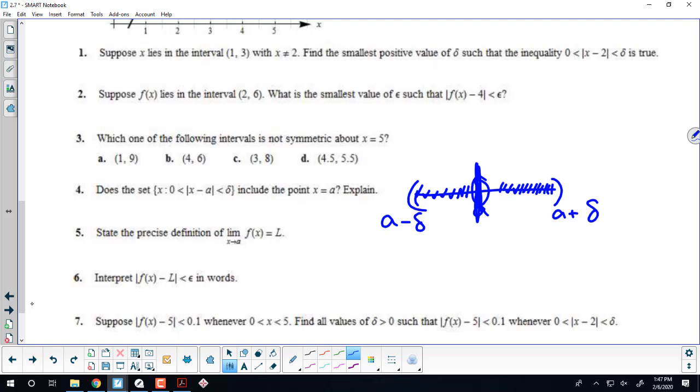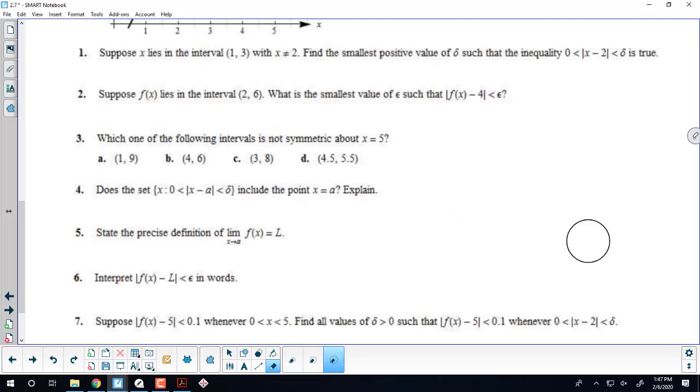Then we need to just go back to that set and say, does that set include 0? So that statement right there, it's strictly larger than 0. It doesn't include 0. The other way to think about it is, I guess, in the reverse. What happens if this does include a?